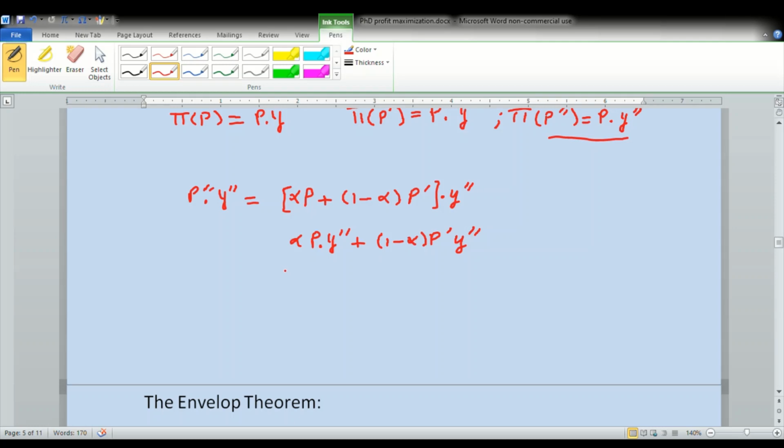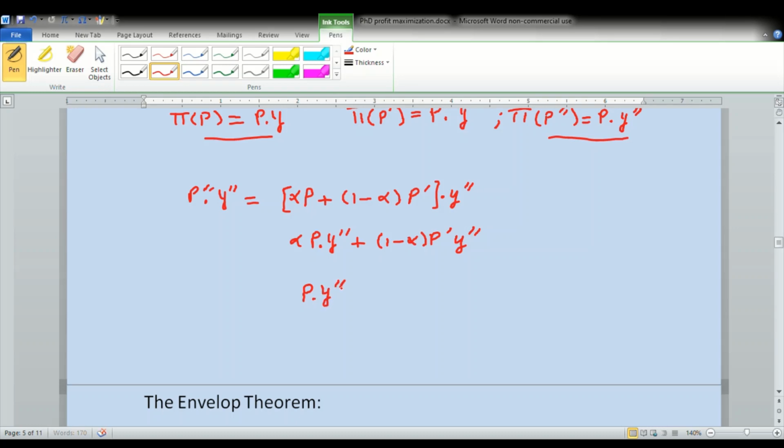And now, because of this equation, I have P dot y double dash.